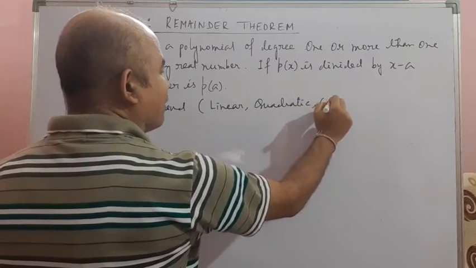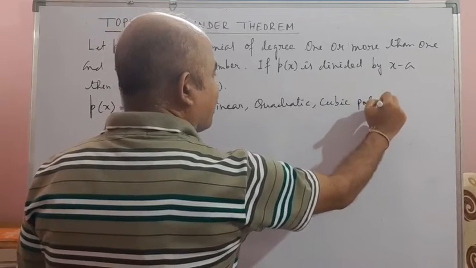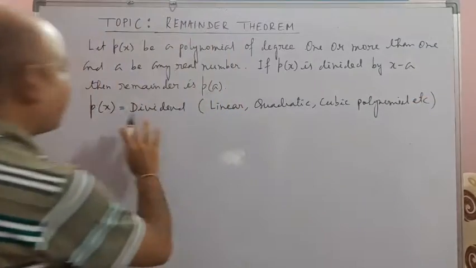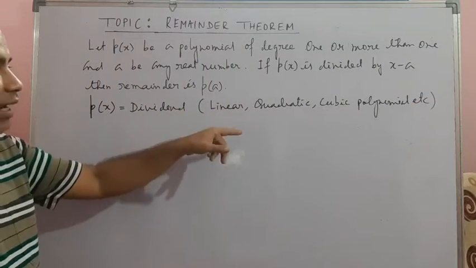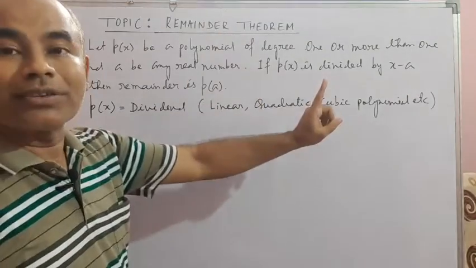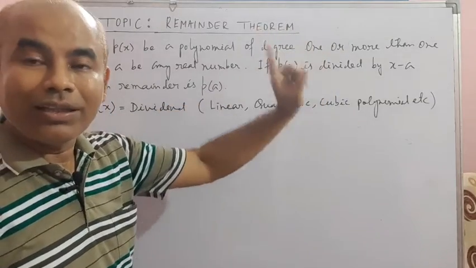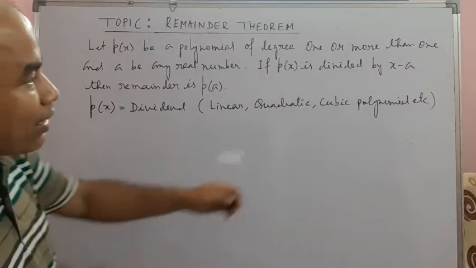If it is 3, then it is a cubic polynomial, etc. But it is not a constant polynomial, because the degree is 1 or more than 1. For a constant polynomial, the degree is 0. Okay, clear?